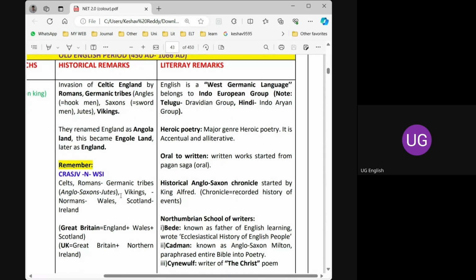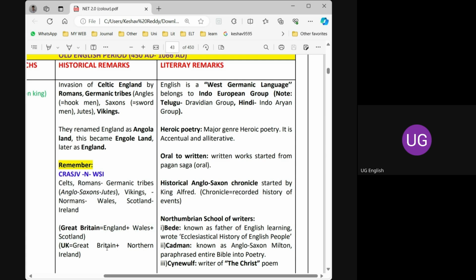Now we generally use the terms England, Britain, Great Britain, and UK, but all these are not similar words, not the same. So England, what we are talking about now, is England, and if we include Wales and Scotland, these two countries, this becomes Great Britain.